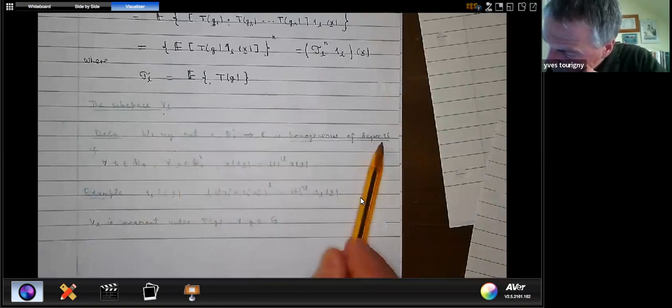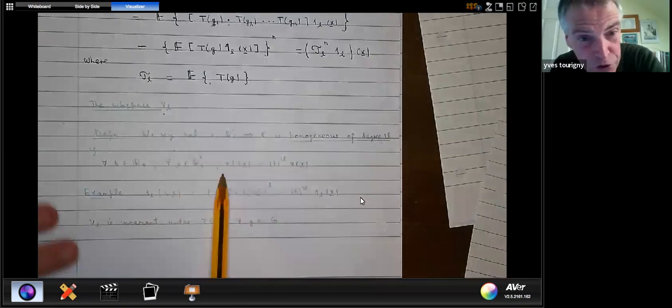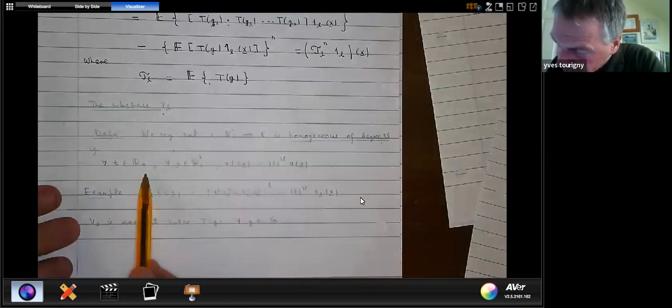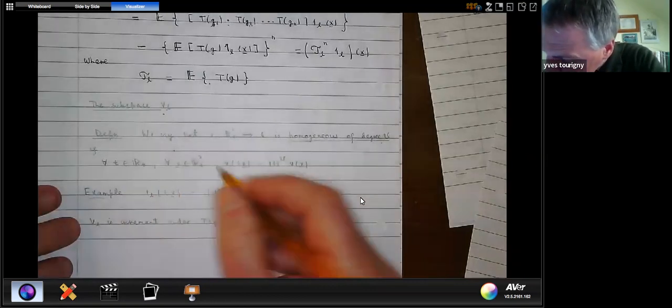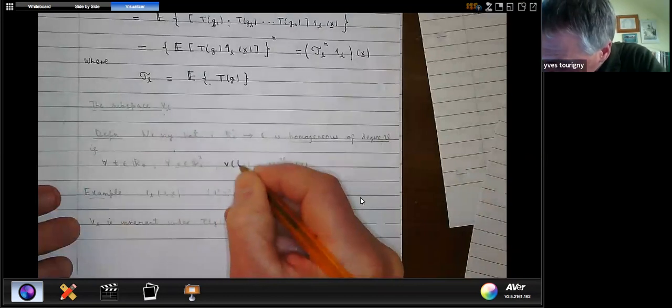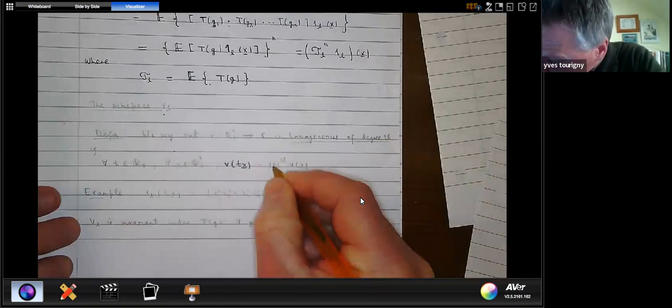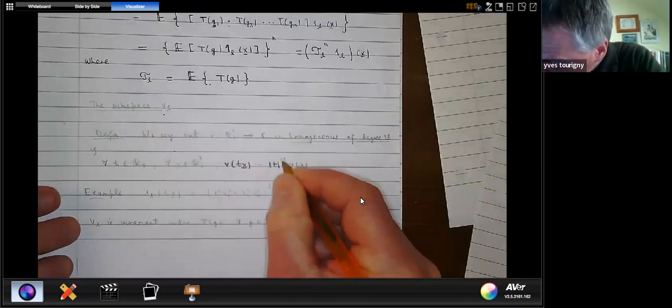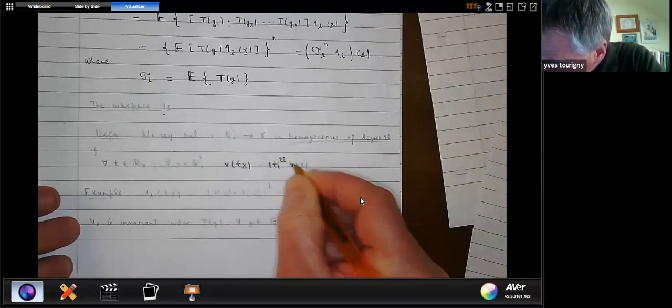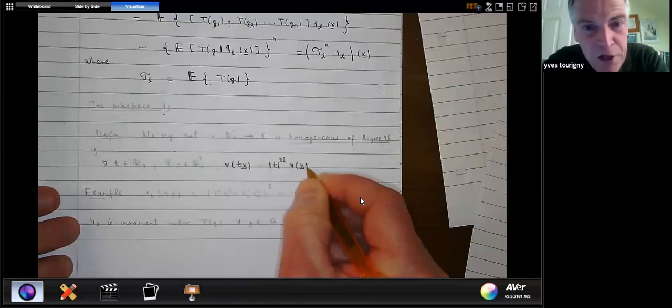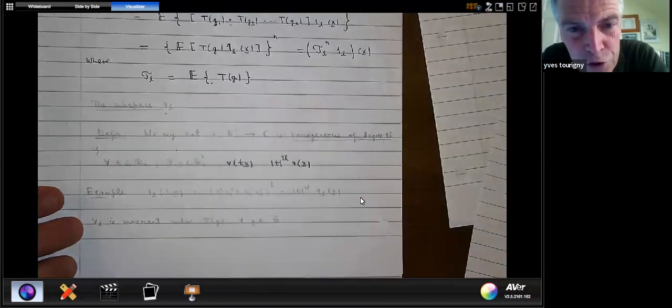A function is homogeneous of degree 2L if, for a number t, you have this homogeneity property. When you apply the representation to such functions, you obtain a homogeneous function of degree 2L, and so it's an invariant subspace.